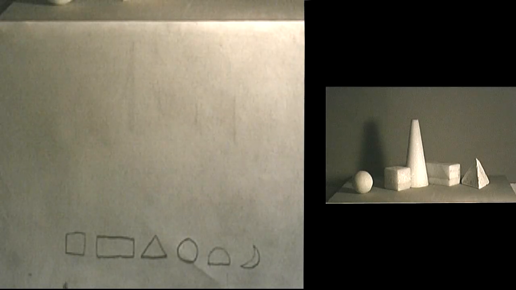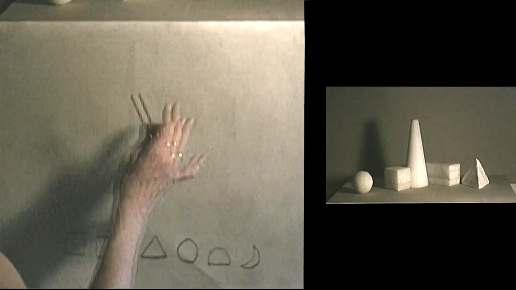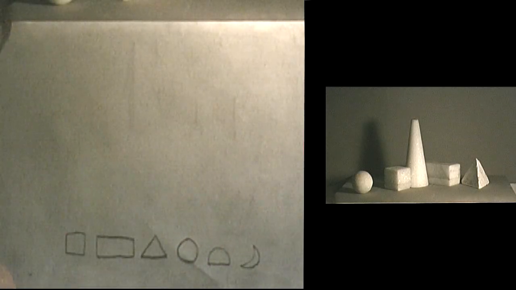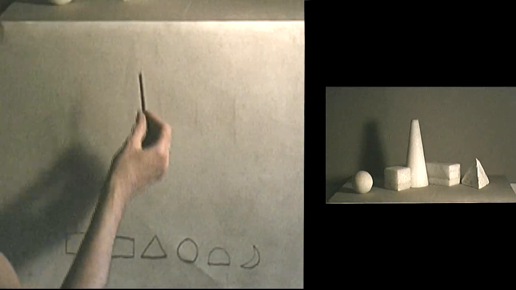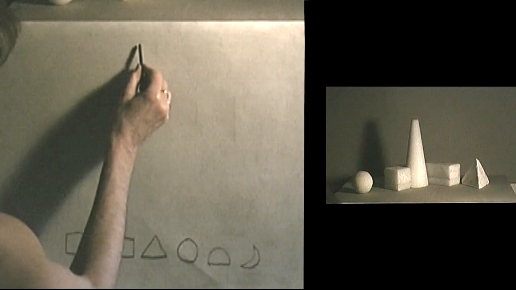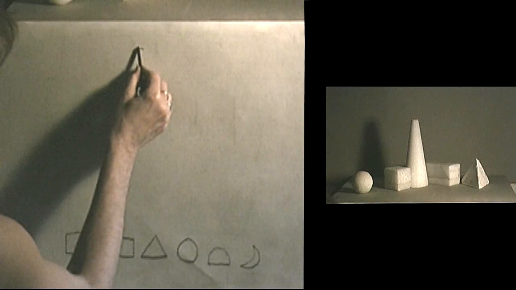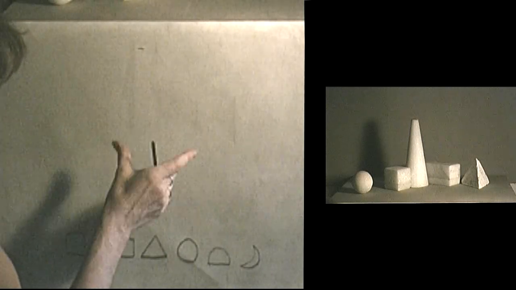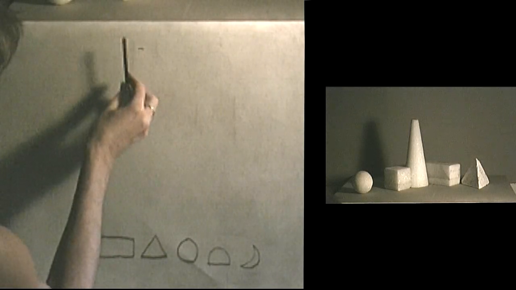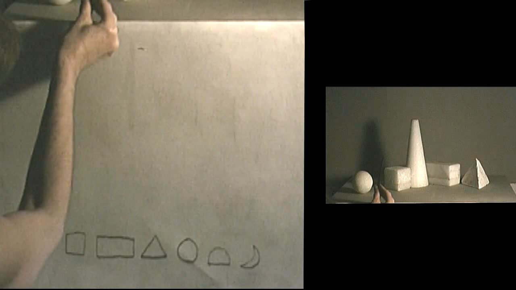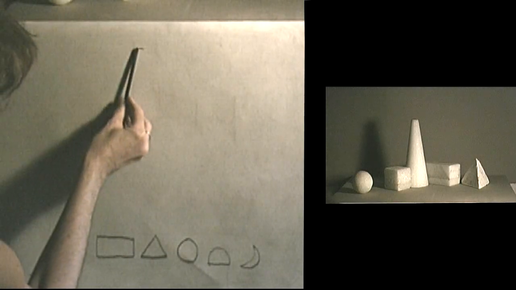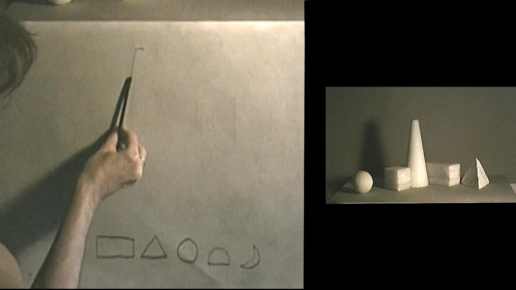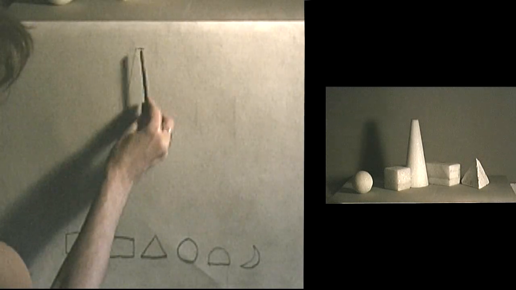So when you begin your drawing, we're going to start in the middle and work out. Much easier than doing the ends and then trying to squeeze the middle. So our middle object is the cone. What is the basic shape of a cone? The cone is narrow at the top and gets wider as it comes down, so that would be a triangle. So I hold my charcoal up and I look at the angle, carefully bring it down here, and I feel it with my charcoal. It comes down like this.